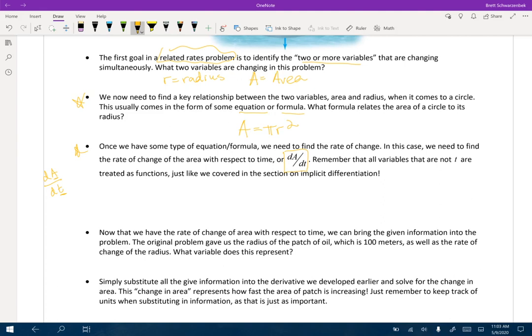So note, in order to produce this variable, we need to take d dt of both sides of the equation. So what is this going to be like? This is going to be like implicit differentiation in a nutshell. So this is one of the reasons you learn about implicit differentiation: to do related rates.